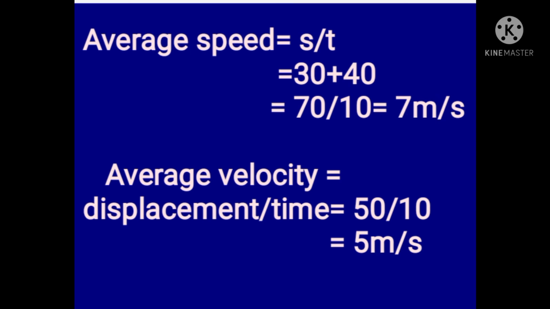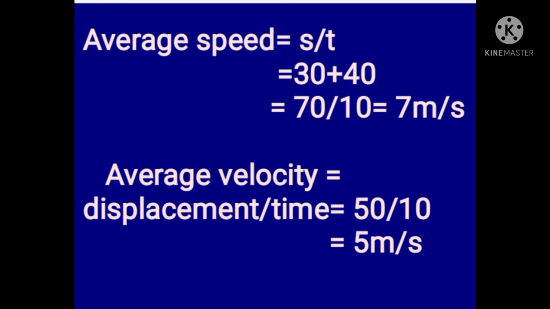And again, what is the average velocity? We know that velocity is equal to displacement by time. So what is the displacement in this case? This is the distance between A to C. That is the shortest distance between initial and final position. So how to calculate this distance of AC? We can apply Pythagoras theorem.